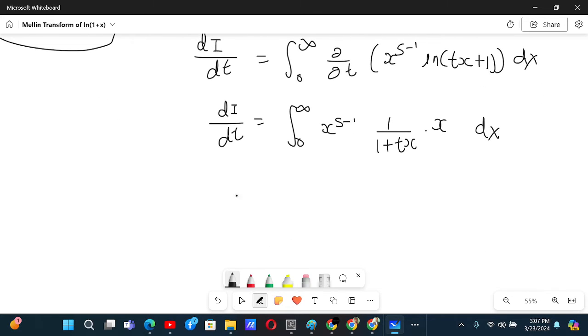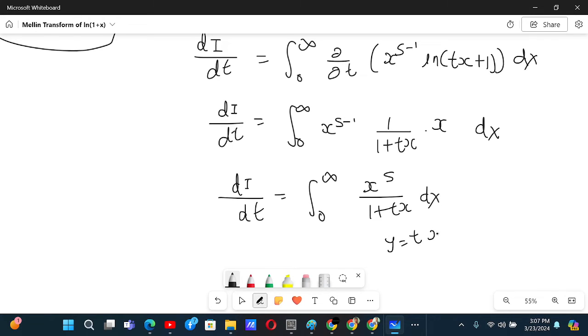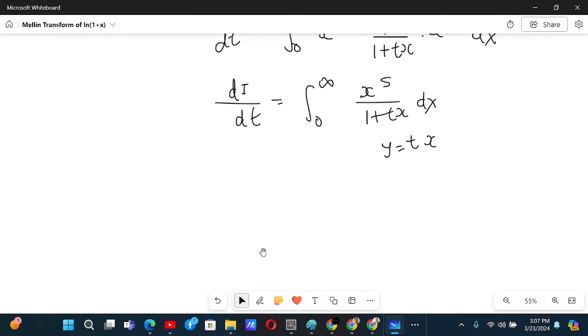Let me write it in a proper way, and then I will tell you what to do next. Probably you have guessed. Since we don't want a tx over here, you can say y equals tx and simplify the problem.